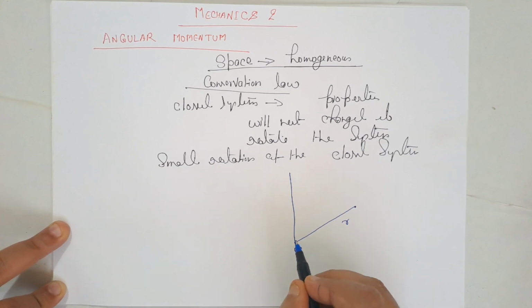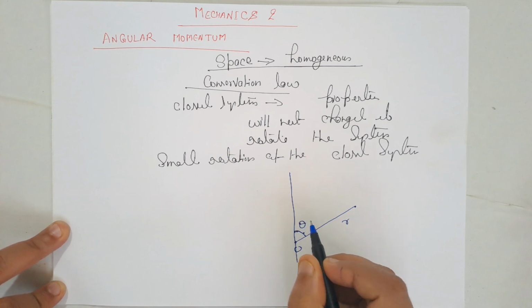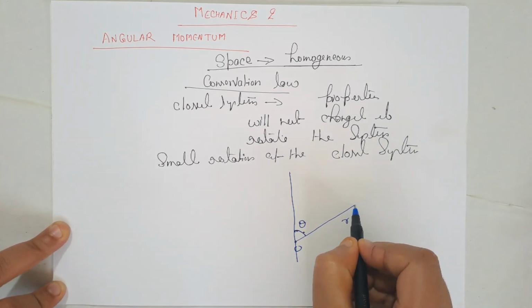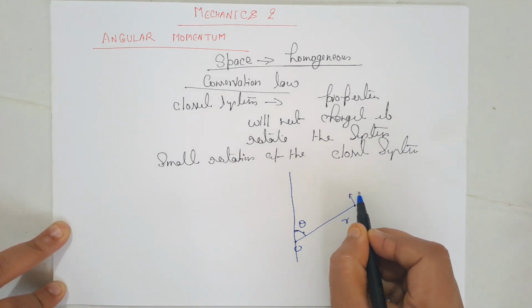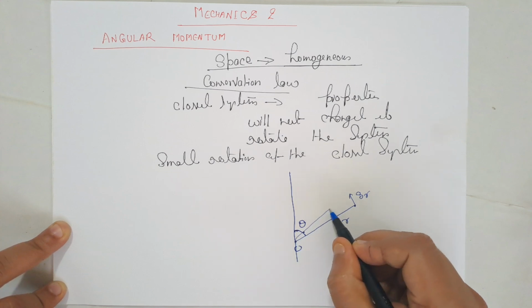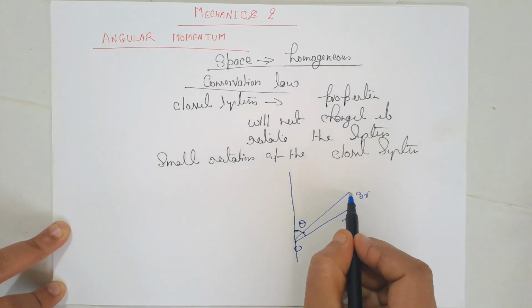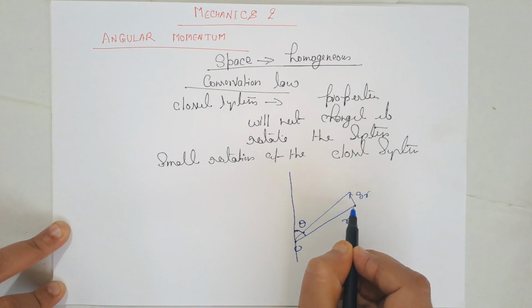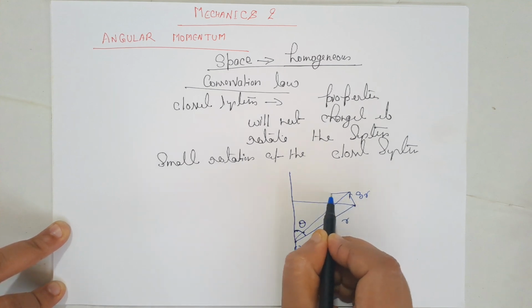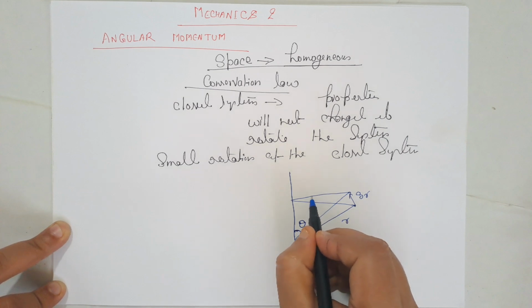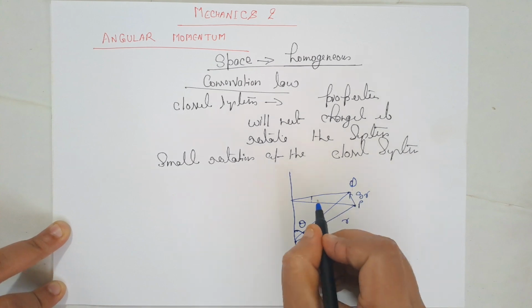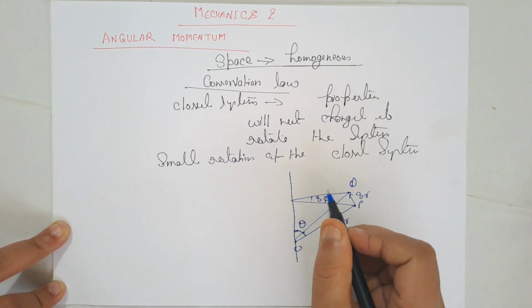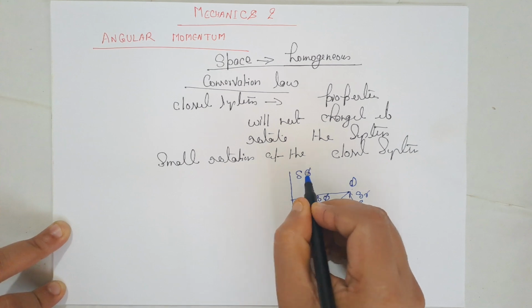The angle between these two axes is theta, and if the particle travels a small distance delta r, the angle of projection of these two different points is delta phi. This is delta phi.